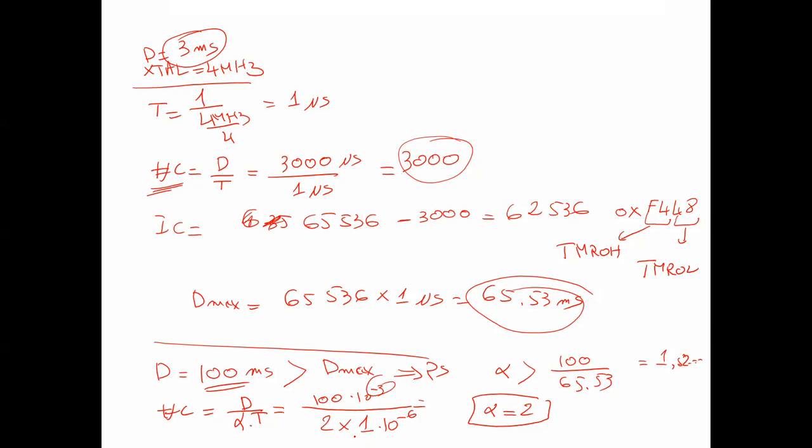So the number of counts is 50,000. This is how to calculate the number of counts. Once we have the number of counts, we have to find the initial count. Once we find the initial count, we can start our program. Clear?